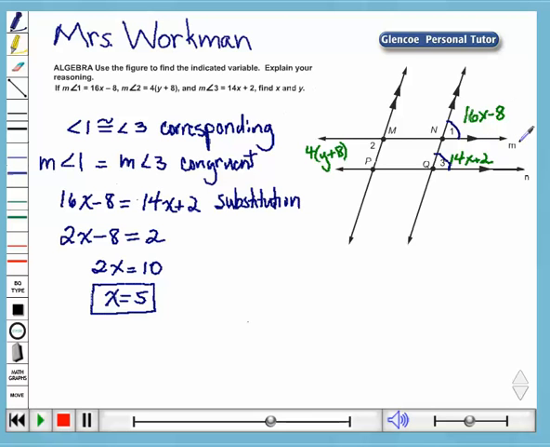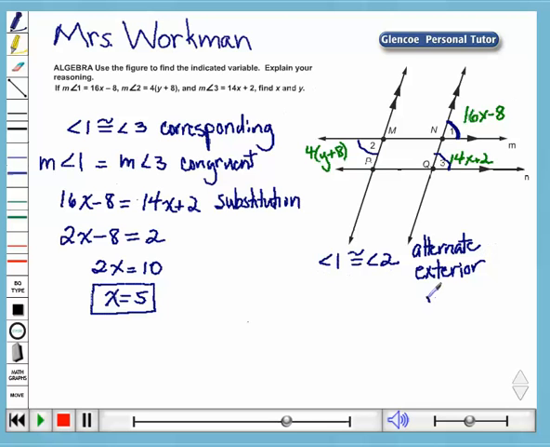When we do that, we notice that angle 1 and angle 2 are what's called alternate exterior angles, and we know that angle 1 is congruent to angle 2 because they are formed when a pair of parallel lines is cut by a transversal. So this is the alternate exterior angle theorem.